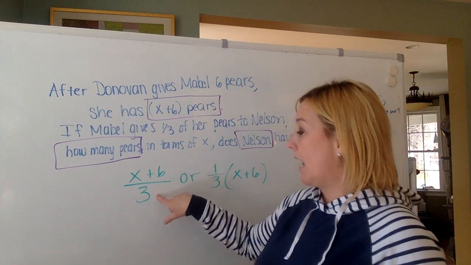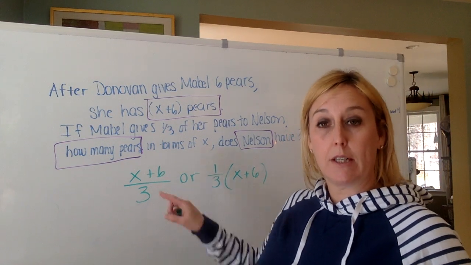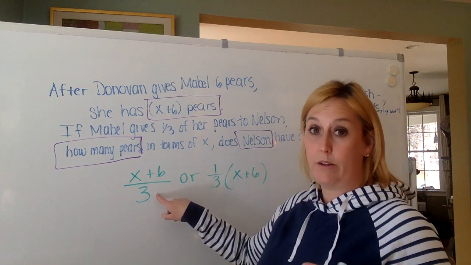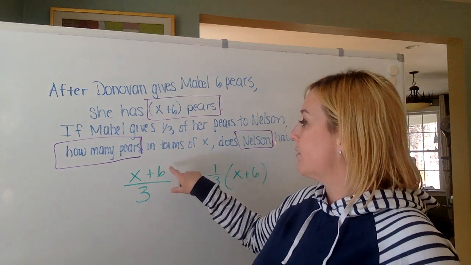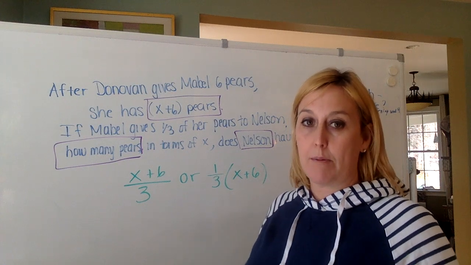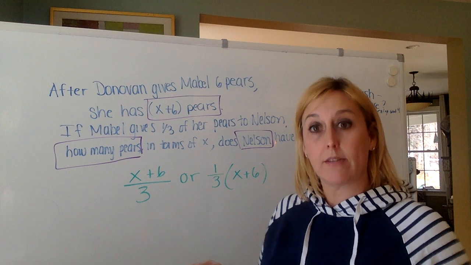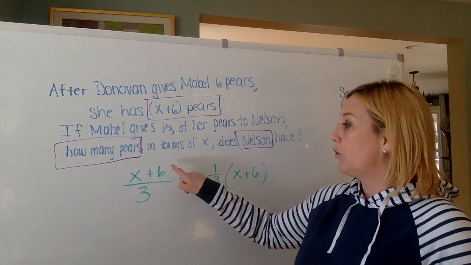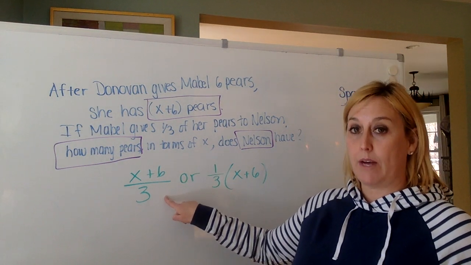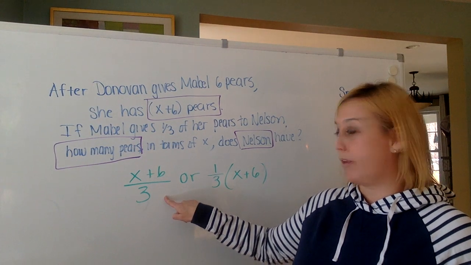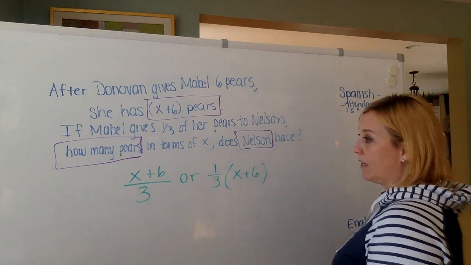Or we could say, when you give somebody 1/3, it's dividing into thirds, into 3 parts. So if I just take that x plus 6 and divide it by 3, I'm going to get my answer. But after all the talk in the last lesson, you know this is not simplified. This can be simplified further. So how can this be simplified further?